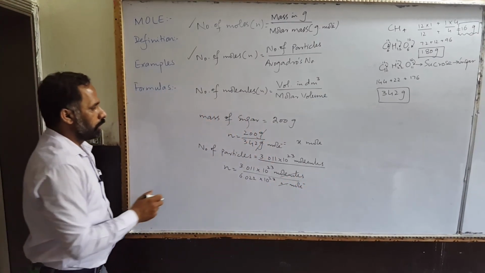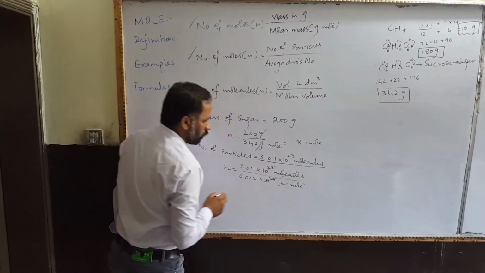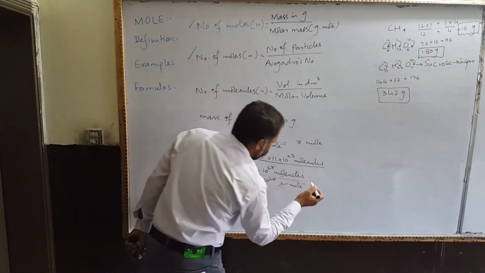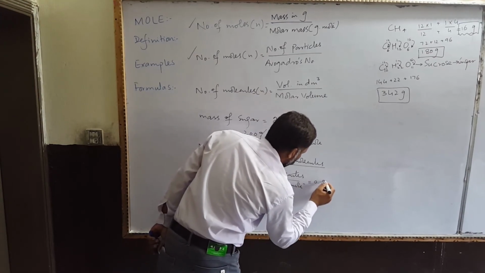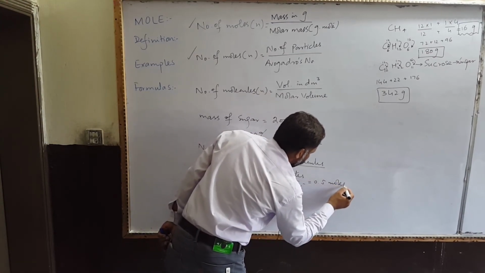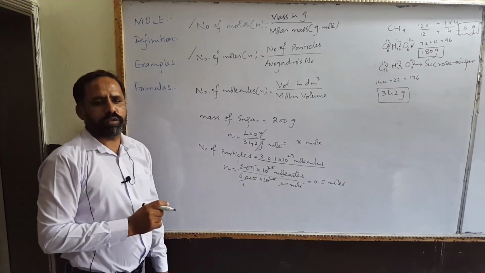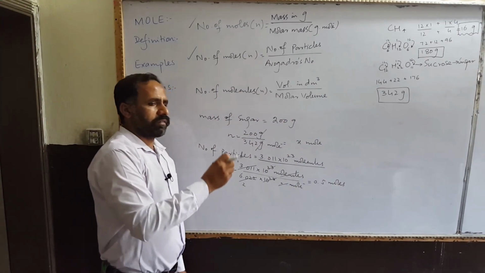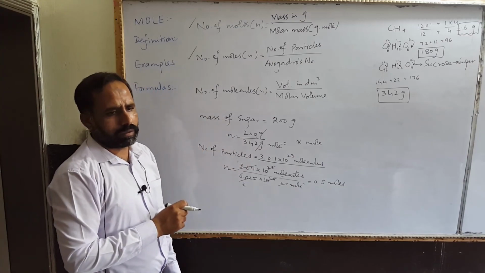Molecules cancel, 10 to the power 23 cancel, 3.011 divided by 6.022, 1 by 2, is equal to 0.5 mole. 0.5 moles means if we have 3.011 10 to the power 23 molecules of any substance, that will be equal to half mole.